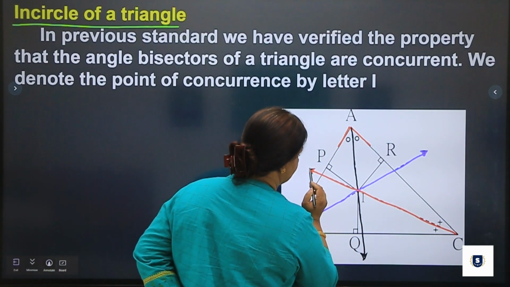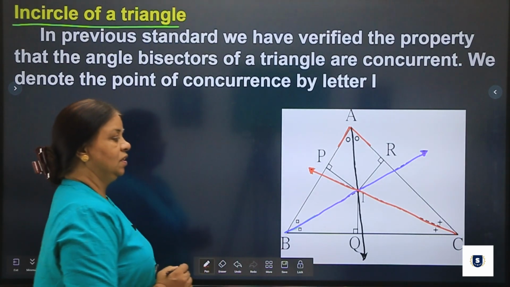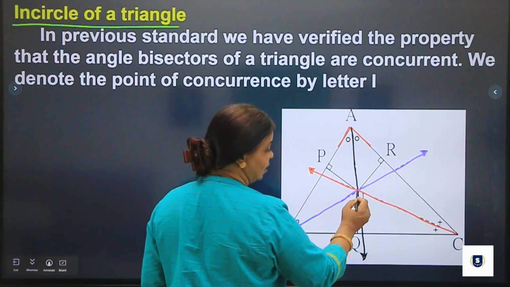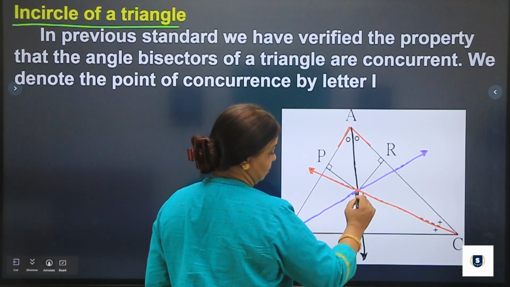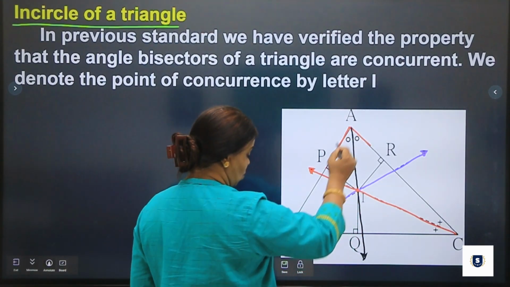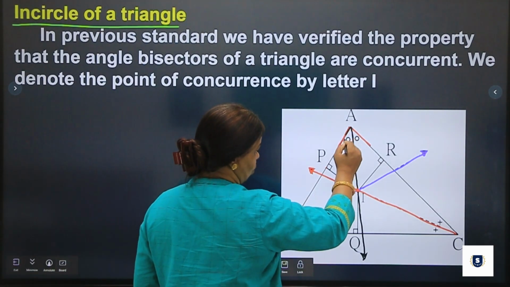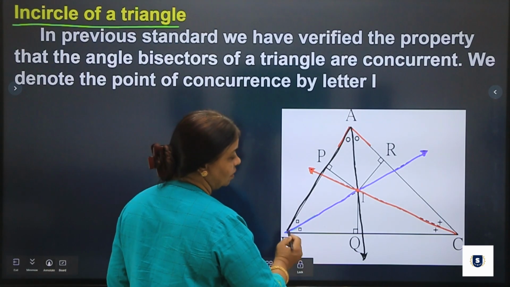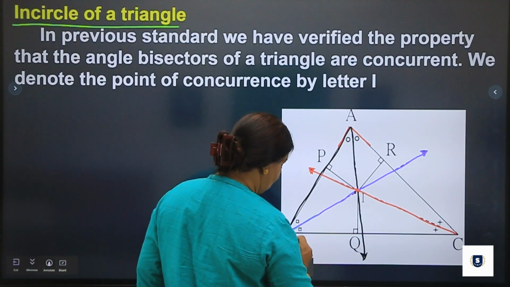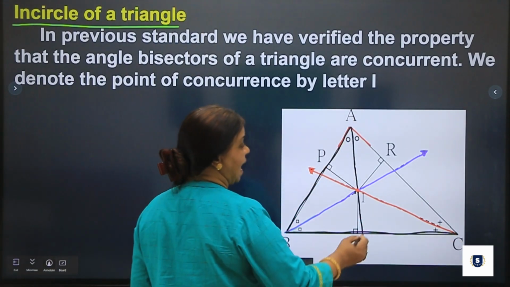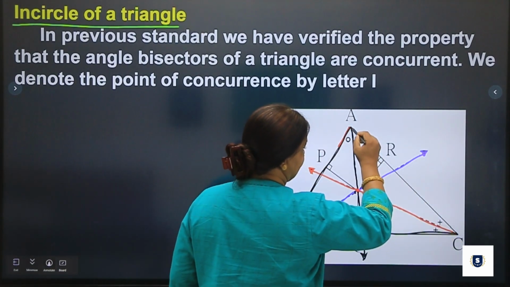Wherever all these three lines meet, that is one point, and from that point we draw the perpendicular on AB, the perpendicular on BC, and the perpendicular on AC.